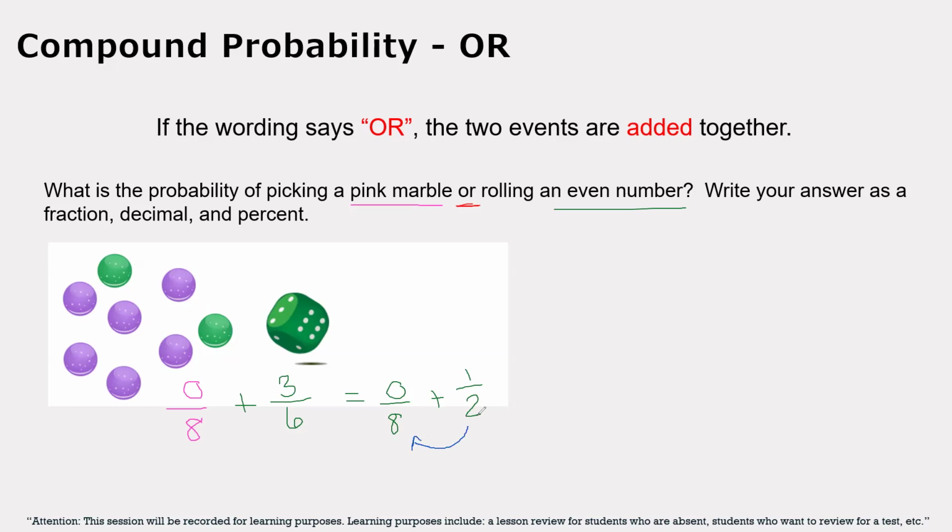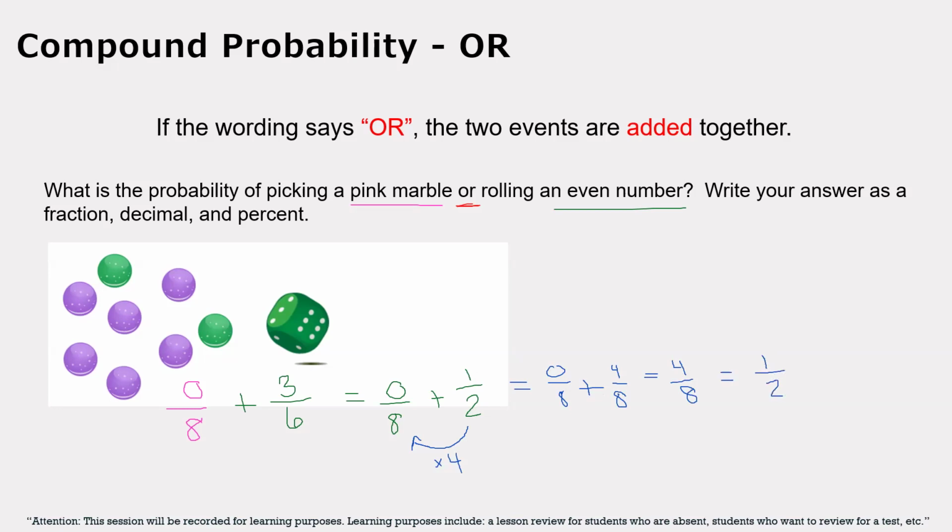So I look at this and I say, well, I can take 2 and multiply that by 4 and it'll give me an 8. So then I'll have like denominators and I can add. So we'd have 0/8 plus 4 times 1 is 4. 4 times 2 is 8. Now that the denominators are the same, we can add and we get 4/8, which does simplify to 1/2.